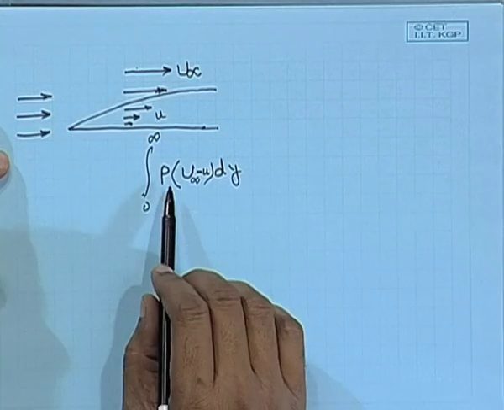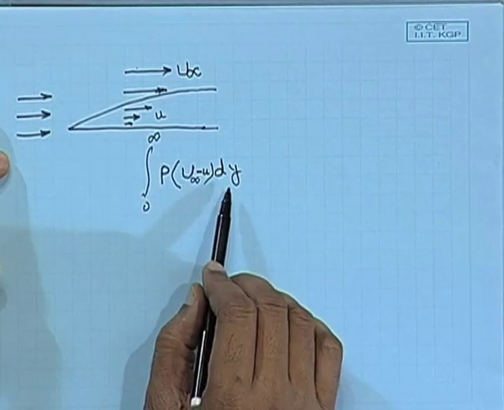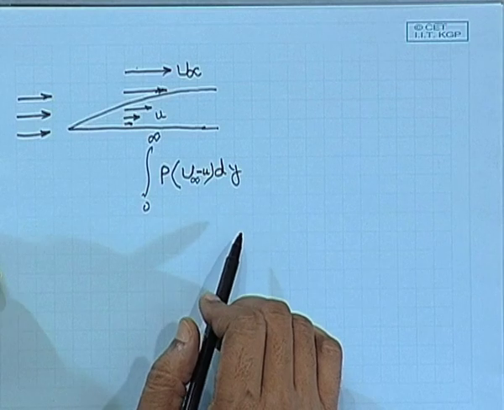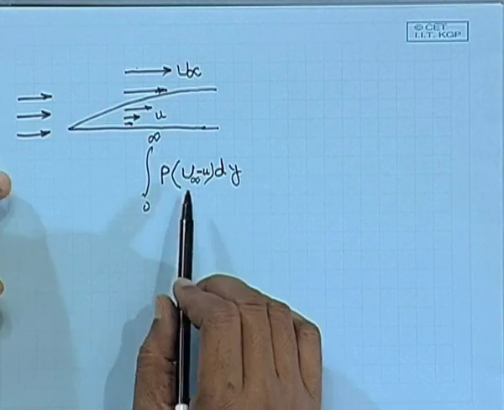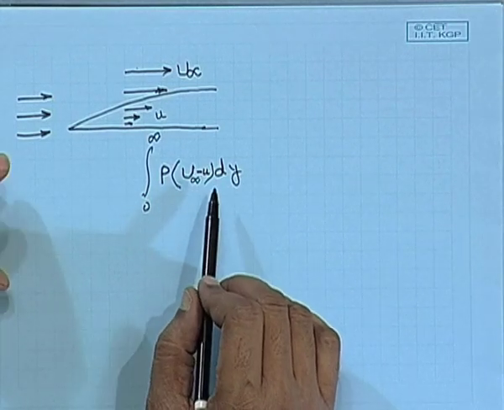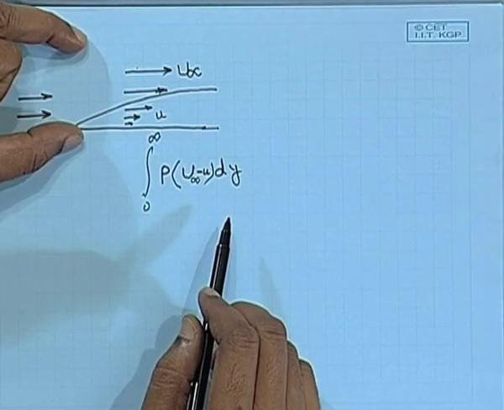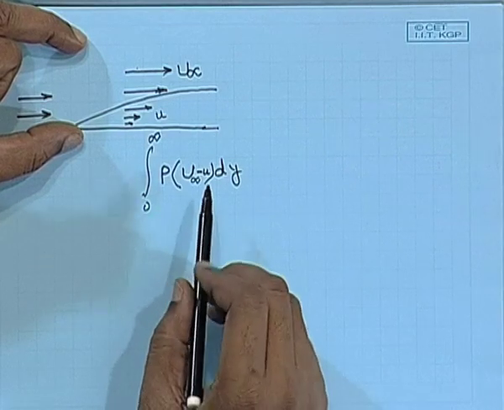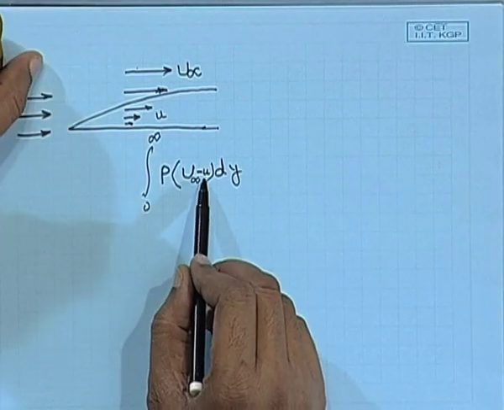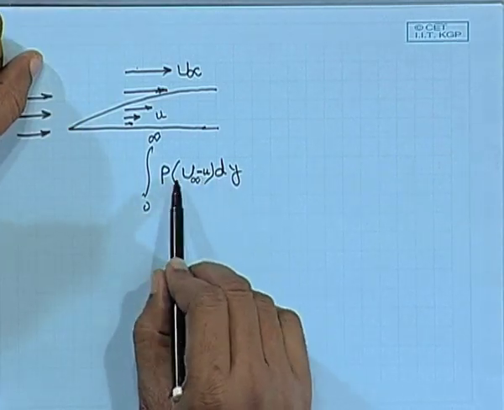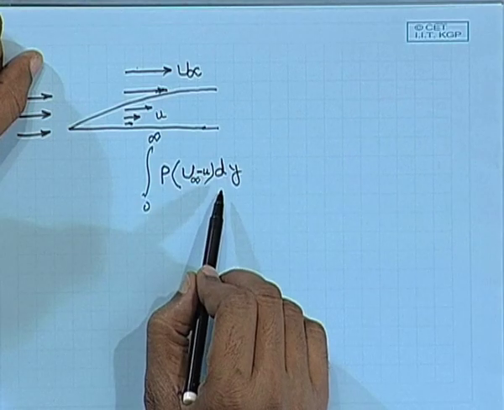Previously it would be simply rho U infinity times whatever be the thickness H of the layer flowing over the solid plate. But since I have a difference in velocity, this would be the reduction in mass flow rate due to the presence of the boundary layer.